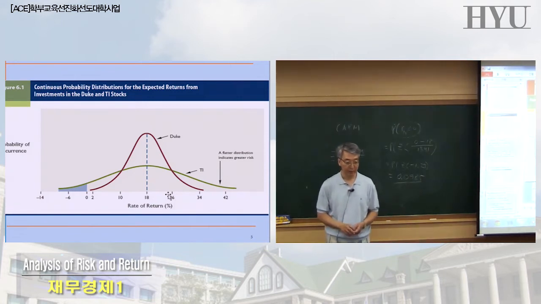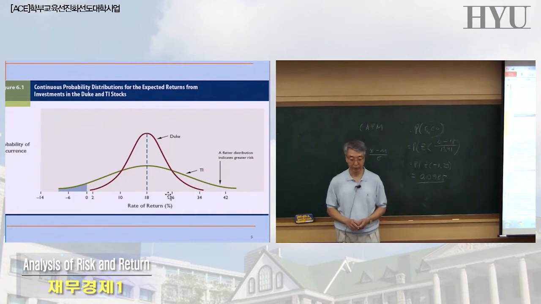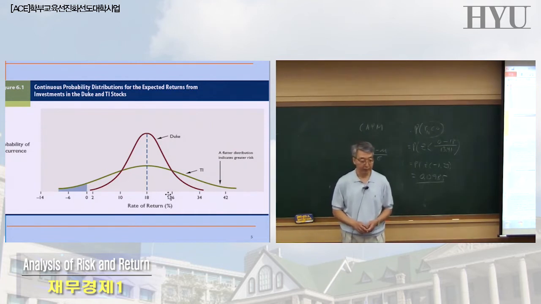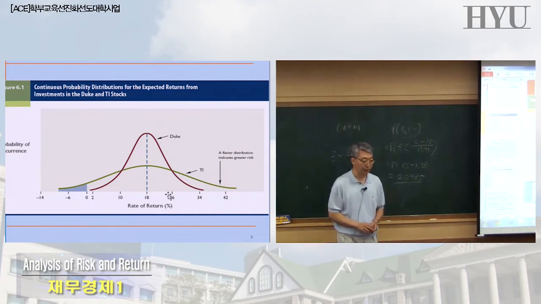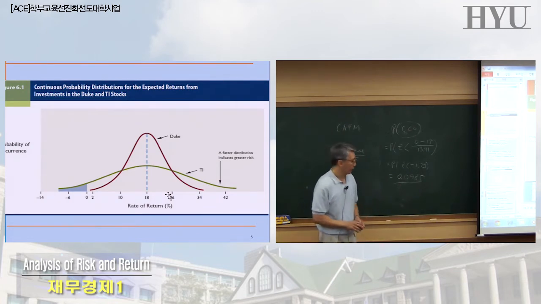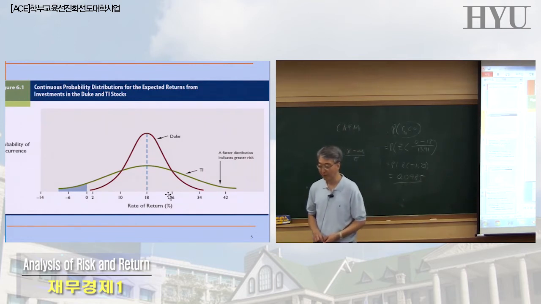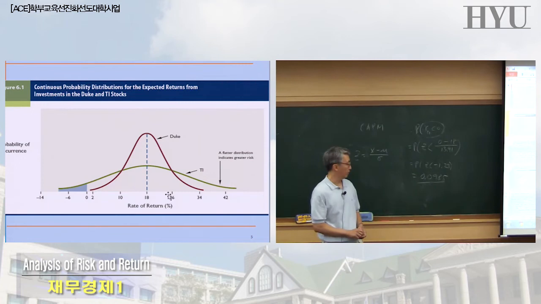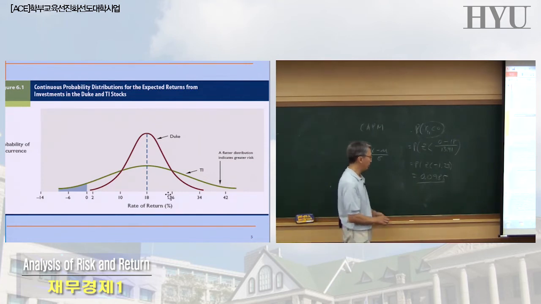So the assumption is that the returns of TI stocks are normally distributed, or that we have satisfied certain conditions so that we can assume a normal distribution. Then you can expect this, right? Almost 10% of the time you have to be ready to lose money. Is that 10%? I'm sorry, 1%? Almost 1% of the time.